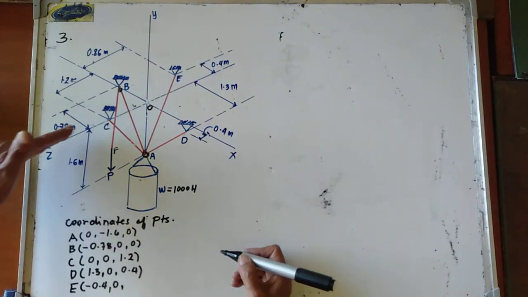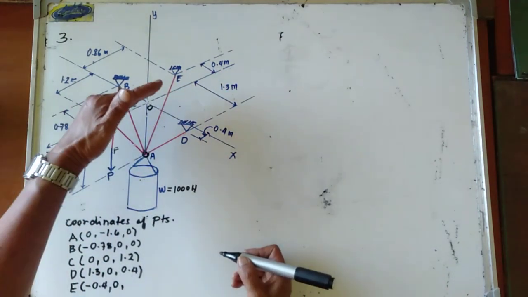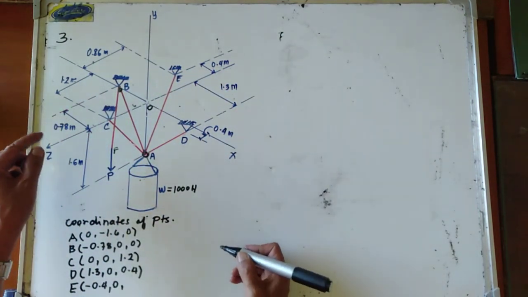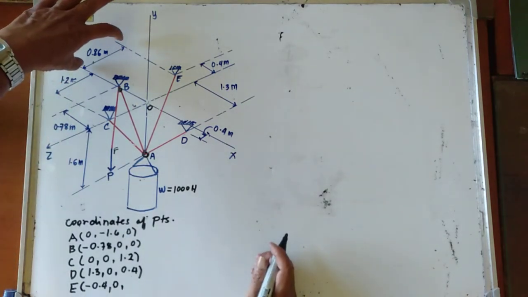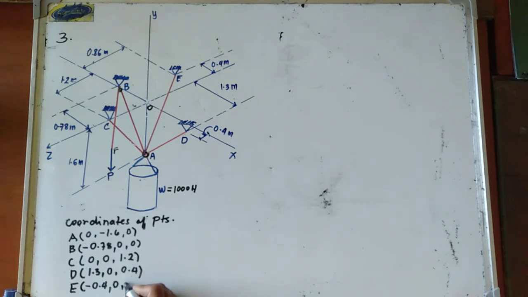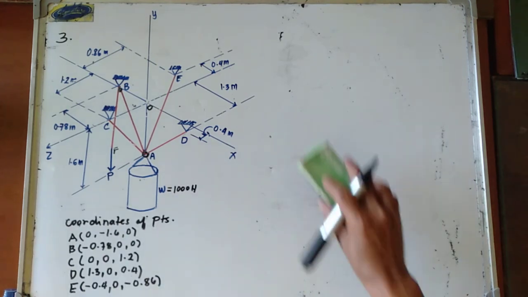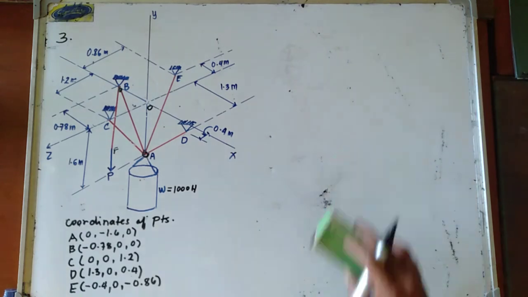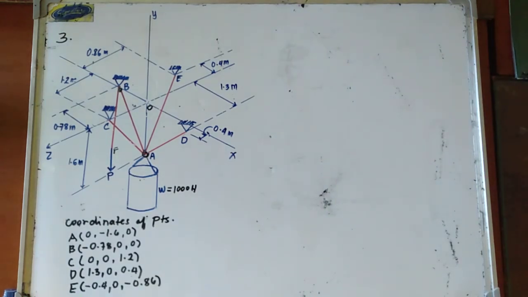And in the z-axis, it is equal to minus 0.86.